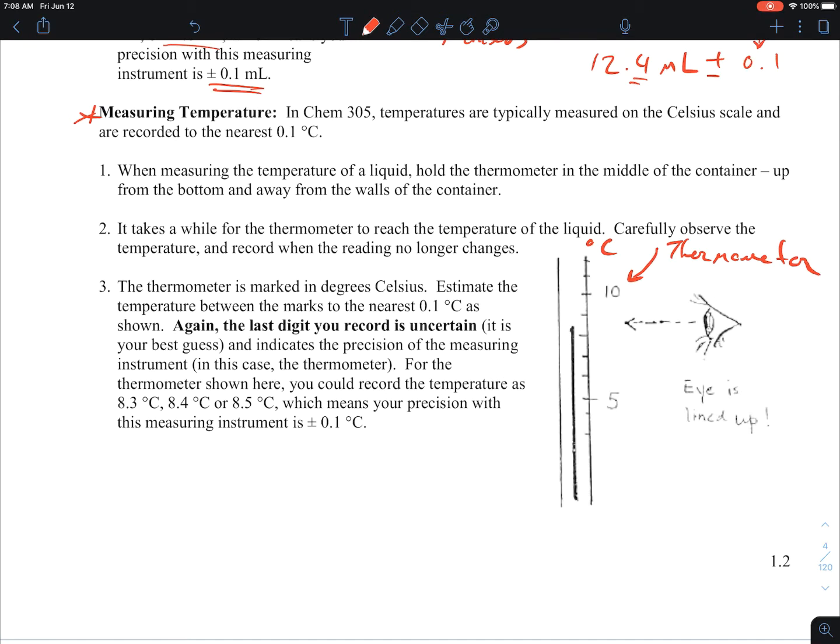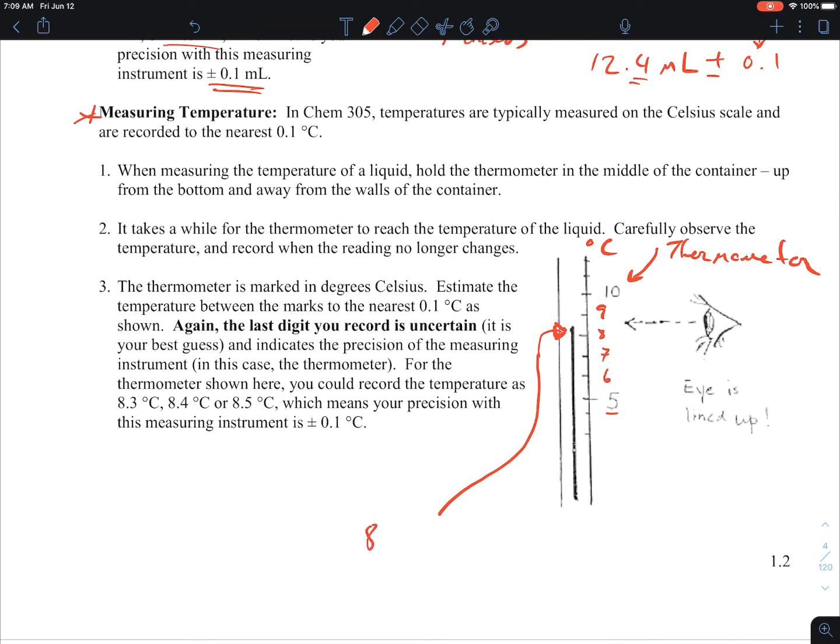So when you read the temperature off this, notice that all the graduations on the thermometer are for 1 degree, right? You start at 5, you would have 6 here, 7, 8, 9, and then 10. So what you can do is you can accurately say, with certainty, I know this measurement, the degree, that's where your degree is raised to, the top of that black line.